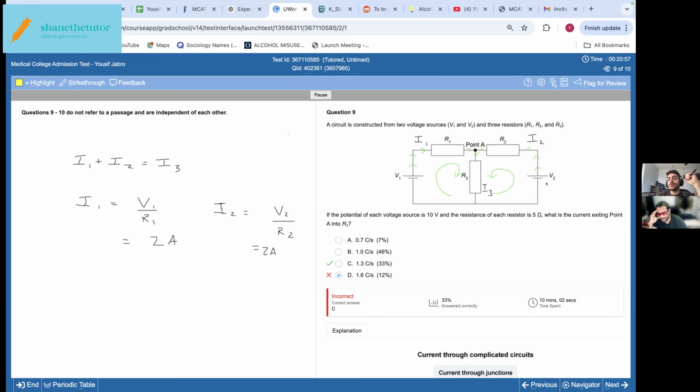So let's see. Okay, so at point A, the voltage at point A can be written as... okay, let me try this.